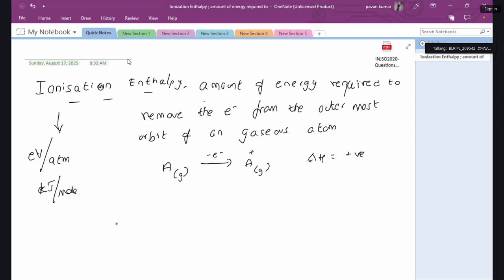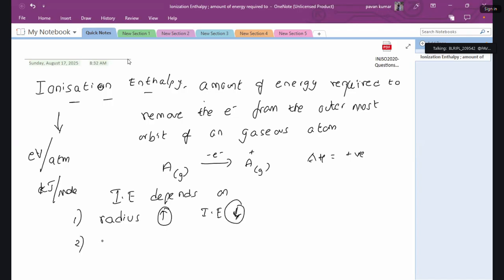Okay, and ionization energy depends on, first one, radius. As radius increases, ionization energy decreases. You already studied this in chemical periodic properties; once again, I'm just recapitulating.